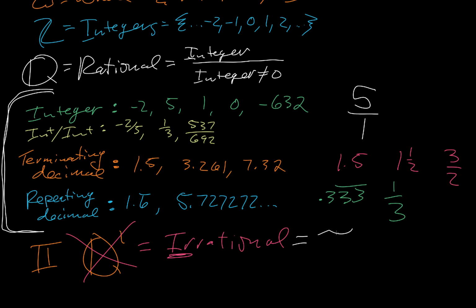Some common ones like pi, which we know is 3.1415. It doesn't repeat. It doesn't have a pattern to it. It doesn't repeat a pattern, and so that's considered irrational. Now, other ways: square root of non-perfect squares. So the square root of 2. If you type that into a calculator, you'll see it's just a bunch of numbers that don't repeat, and it goes on forever.